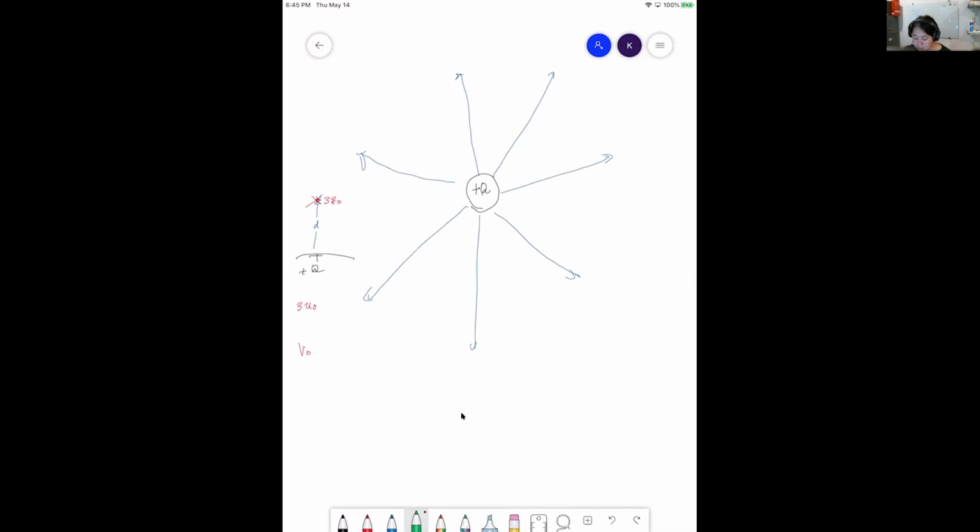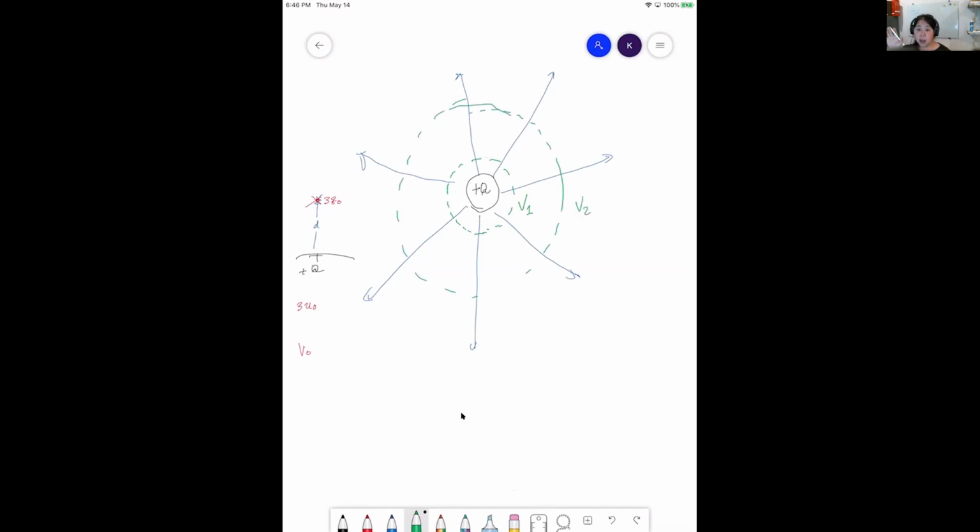So the distance here is, let's see, the same distance from the electric charge, around here, will have the same electric potential, the same voltage. And then away from it, you're going to have another same.